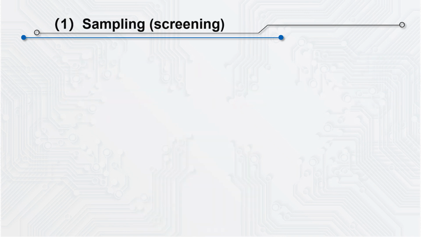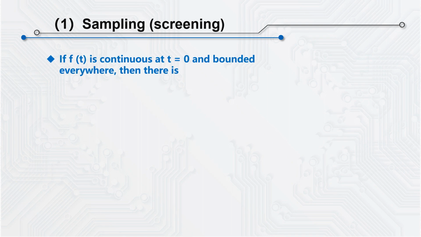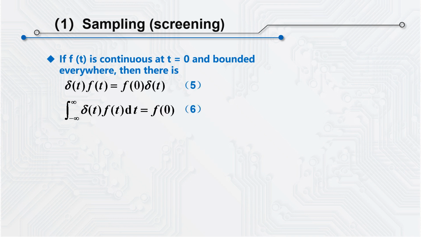First, let's look at sampling. It can also be called screening. If ft is continuous at the point where t equals 0 and bounded everywhere, then we get formula 5 and formula 6, and this is the screening of the impulse signal.